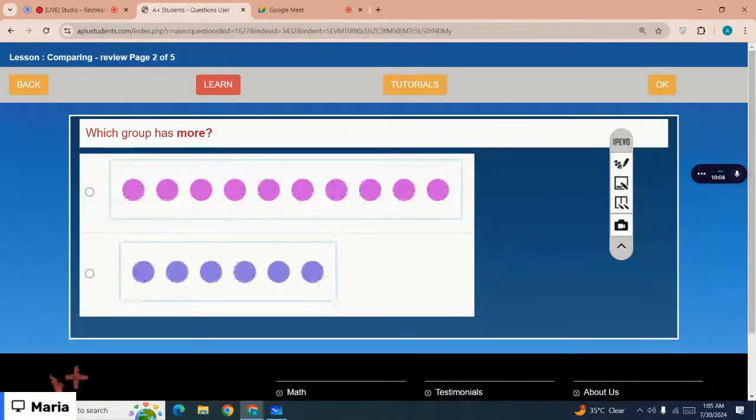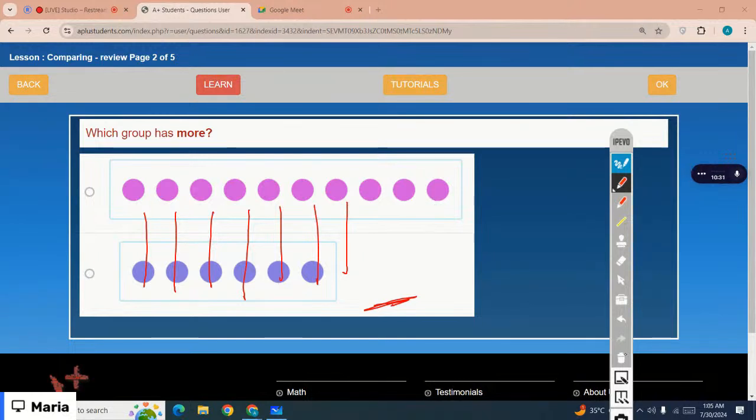Okay, which group has more, the purple, the pink, or the blue? Let's just match, right?